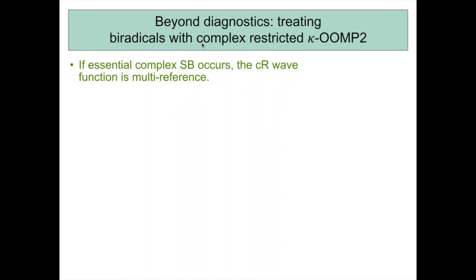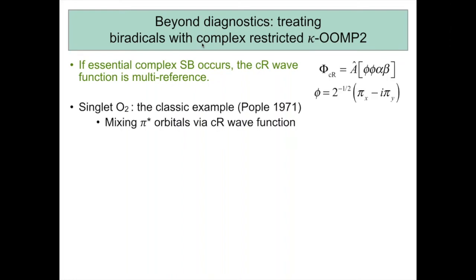So I said at the beginning, if complex symmetry breaking occurs, then you preserve the spin symmetries and you get a single determinant of complex orbitals. A single determinant of complex orbitals is in fact a multi-configurational wave function, and this has been known for nearly 50 years or so.